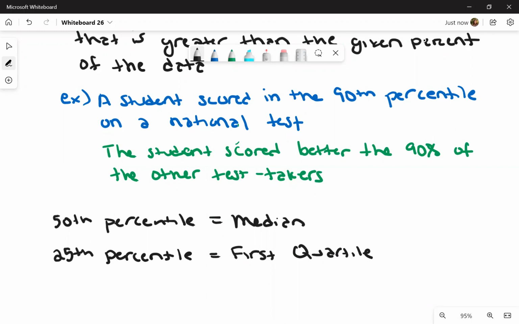And then the 75th percentile would be the third quartile. The second quartile is technically the median.